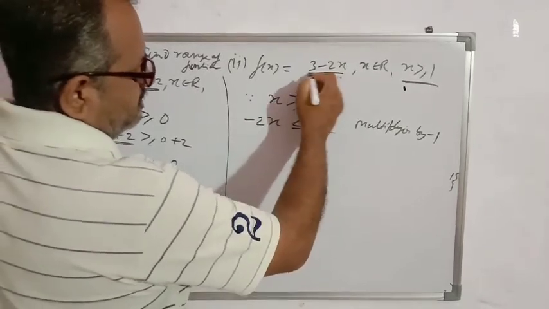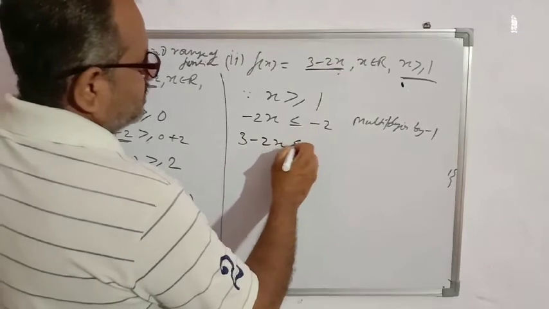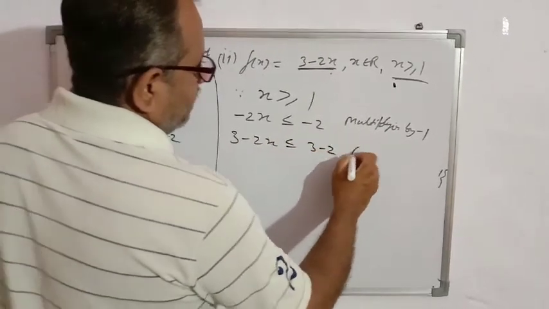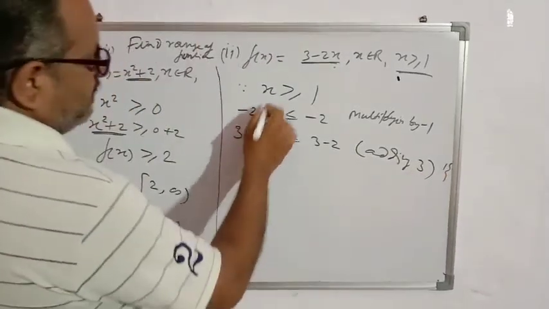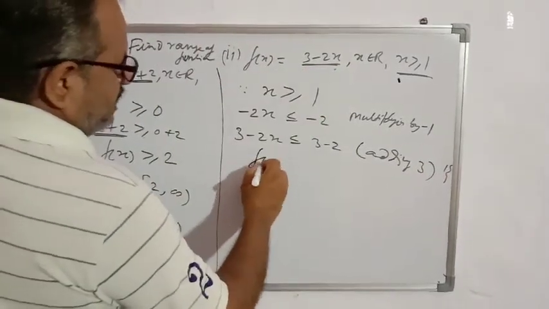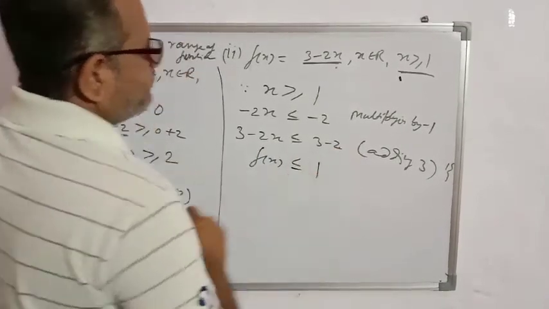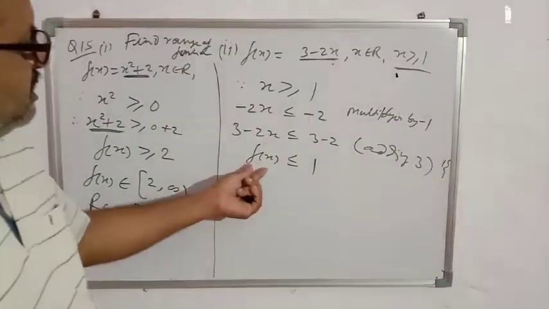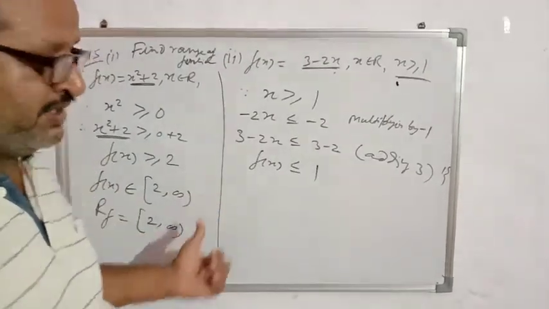Now we have to bring here 3 minus 2x. So adding 3 on both the sides, 3 minus 2x less or equal to 3 minus 2. 3 minus 2x is f(x). F(x) means range. So less or equal to 3 minus 2, means 1. So the range is less or equal to 1, means 1 to minus infinity.